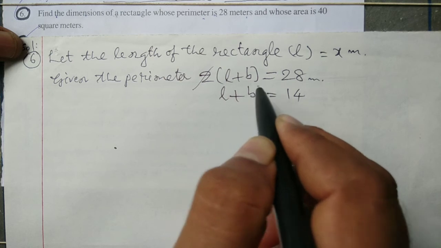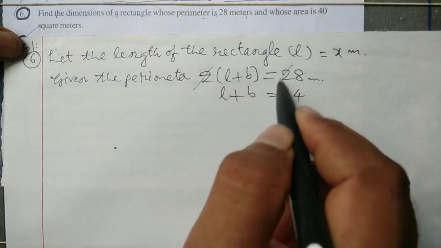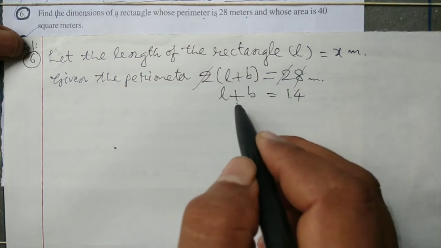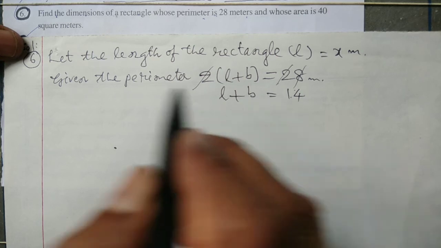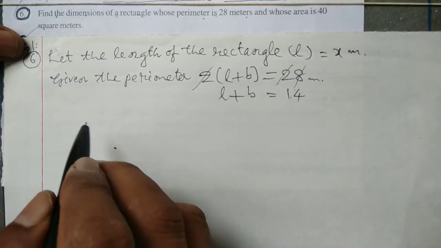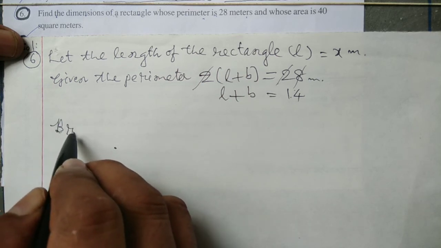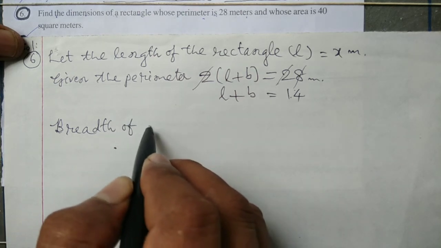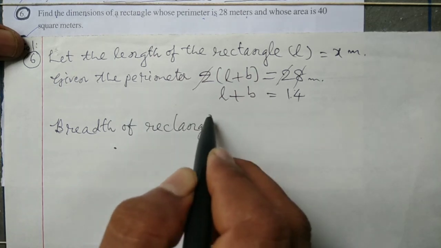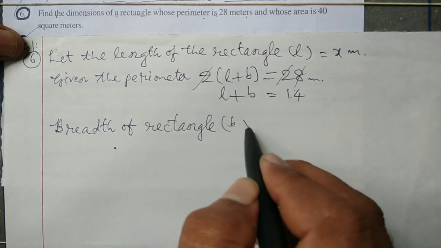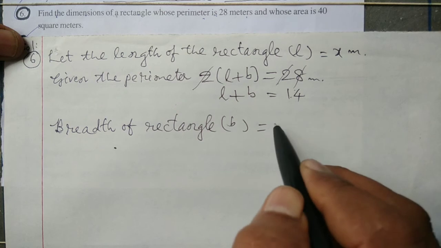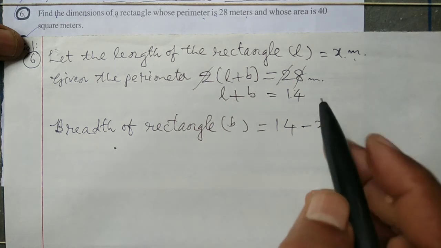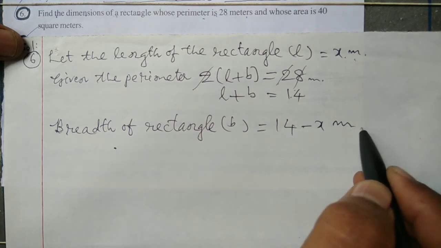So L plus B is equal to 2 ones, 2 fours, 14. Therefore the breadth of a rectangle B is equal to 14 minus x. Length we have taken x meters, that's why 14 minus x meters.